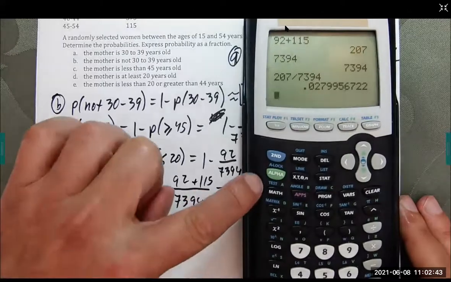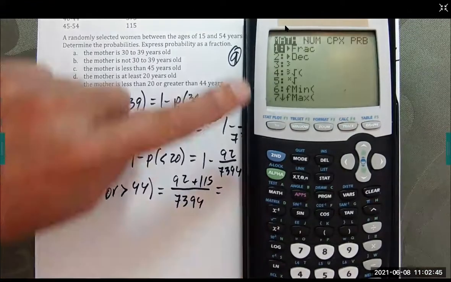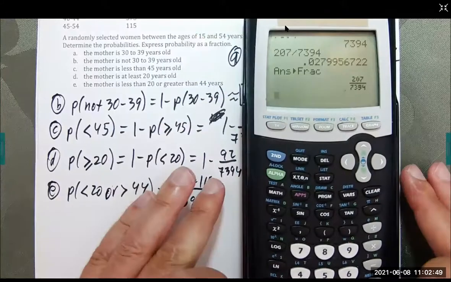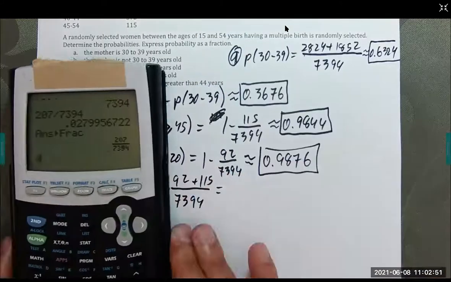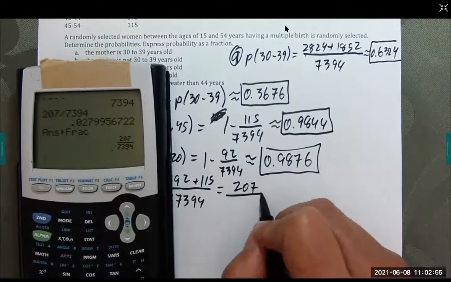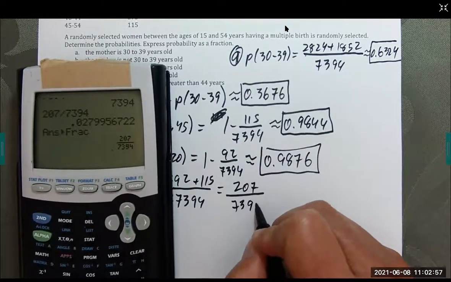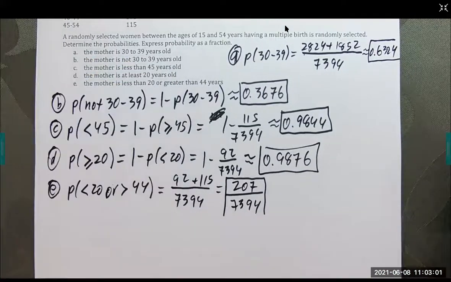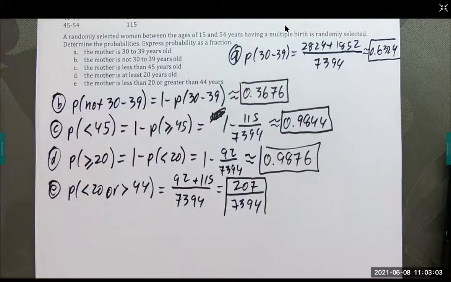I go to math, convert to a fraction. There it is. It even reduces it for you, which is really cool. And you could do the same with each of those as well.